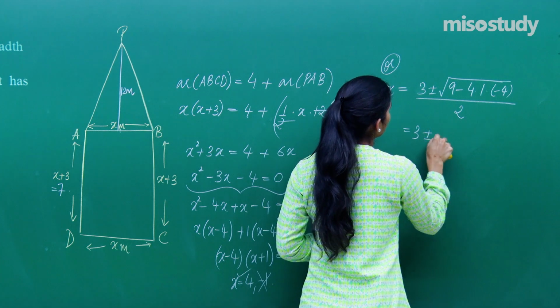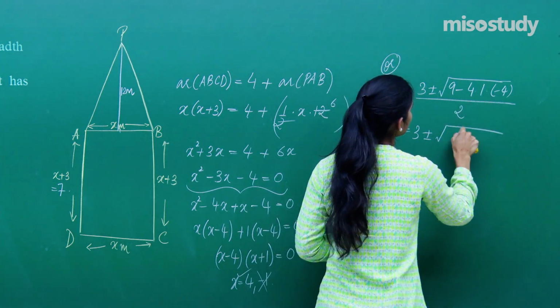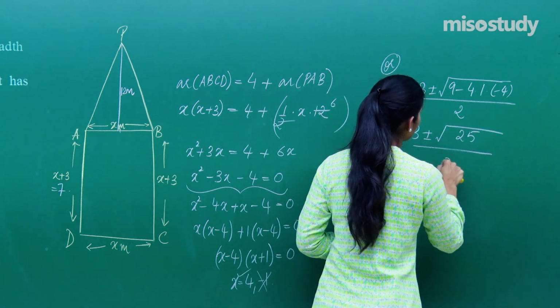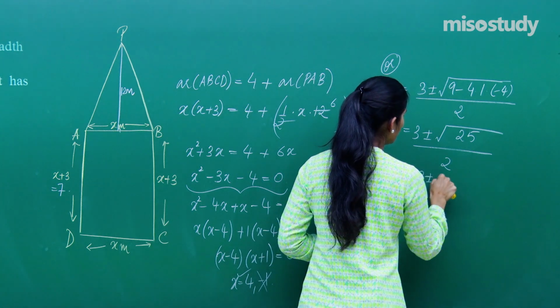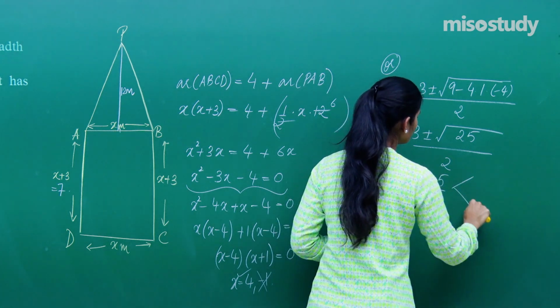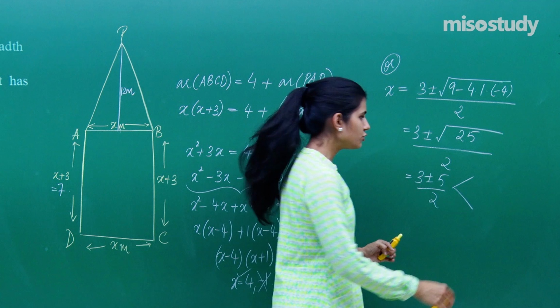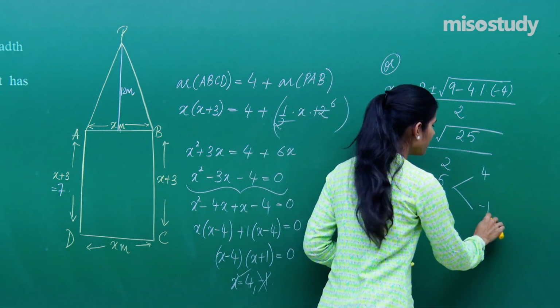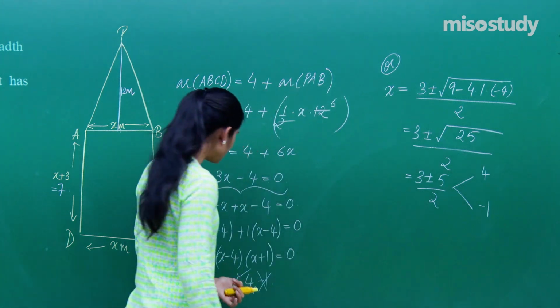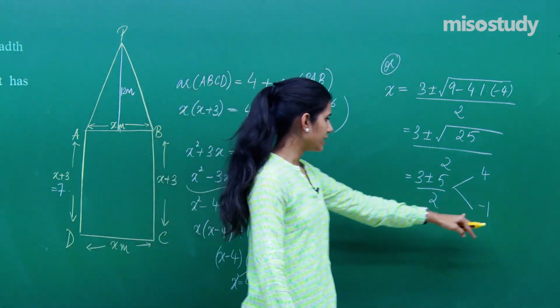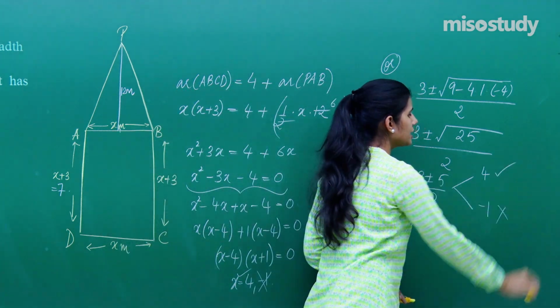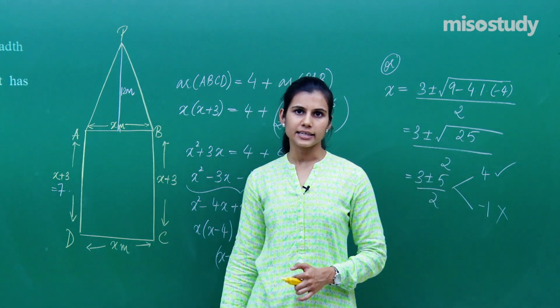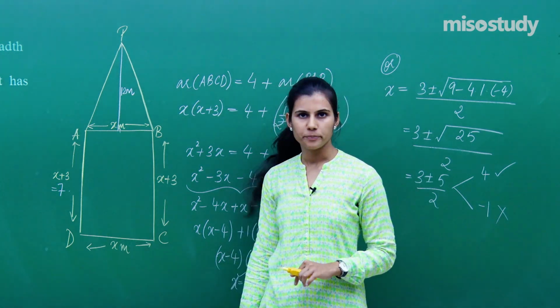Here b is actually minus 3, so minus b is 3. So it is 3 plus minus root over 9 plus 16, that is 25, upon 2. That would have given you 3 plus minus 5 upon 2. 3 plus 5 is 8 upon 2, which gives you 4. 3 minus 5 is minus 2 upon 2, which gives you minus 1. You have got the same values of x, 4 and minus 1. You reject this and you accept this. Accordingly, the length comes as 7 and breadth is 4.